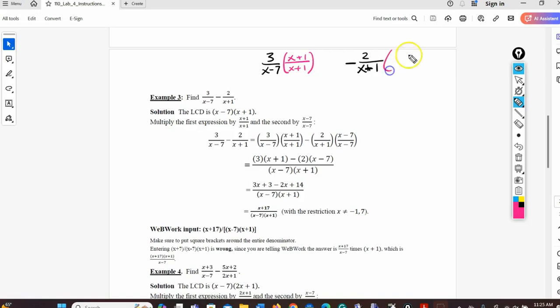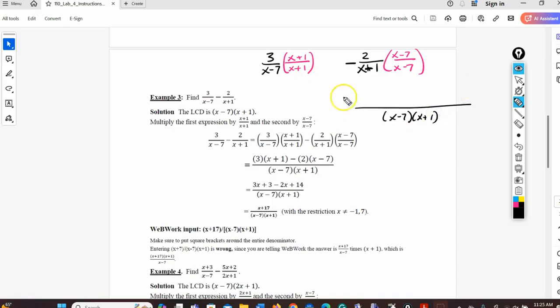And I'm going to multiply top and bottom of this one by x minus 7. Then the denominators for both of these are going to be x minus 7 times x plus 1. Okay, it's just the order here will be different. That doesn't matter.